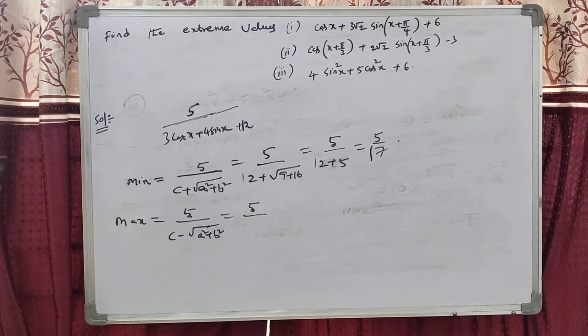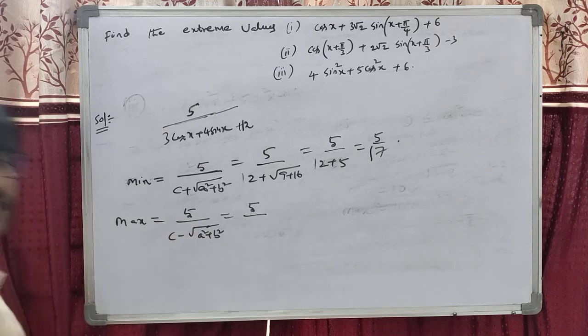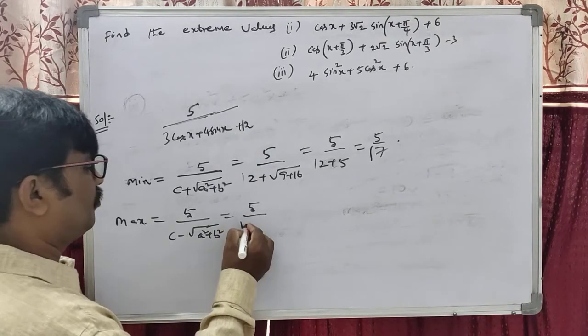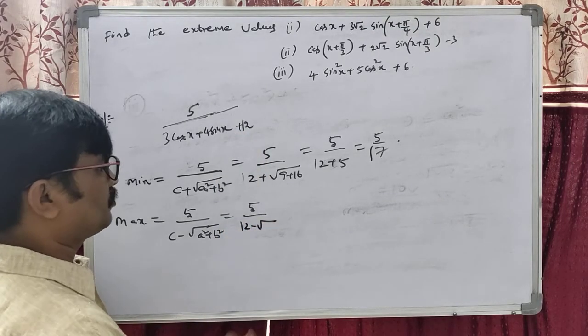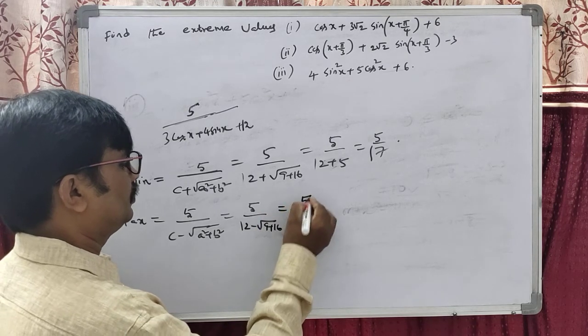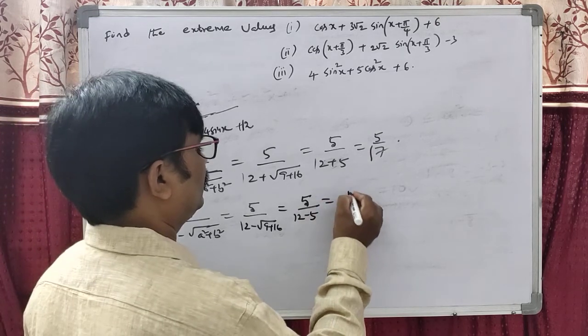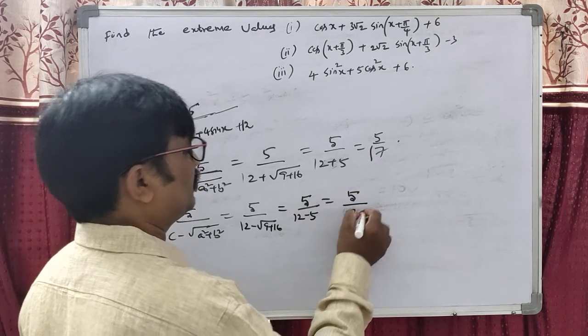Suppose the maximum value is of the form c minus root of a square plus b square. This is 12 minus root of 9 plus 16. This is 12 minus 5. This is 5 by 7.